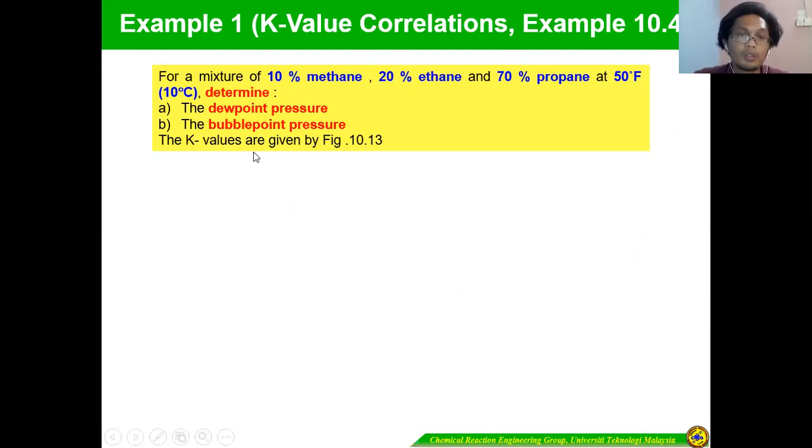The K values are given by figure 10.3, from your main textbook. So we have to determine the dew point pressure as well as the bubble point pressure.